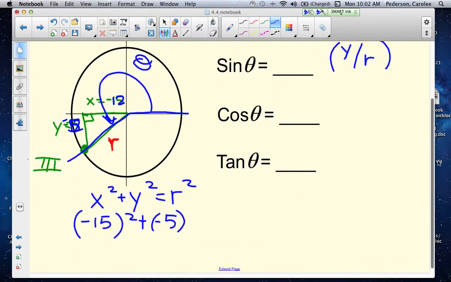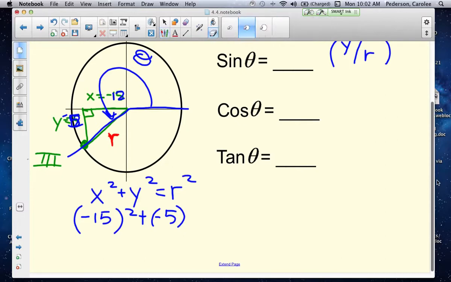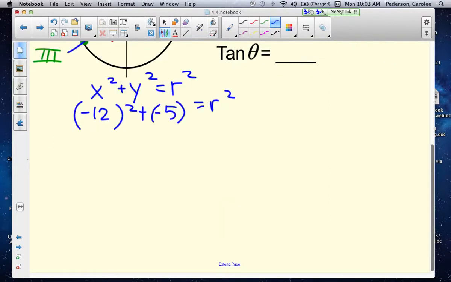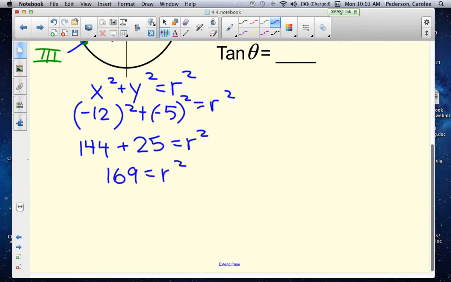So we get -12 squared, which is 144, and -5 squared is 25. Add the 2 together, and then square root it.